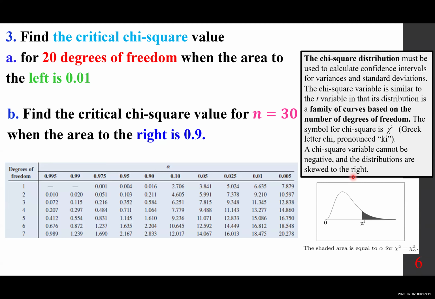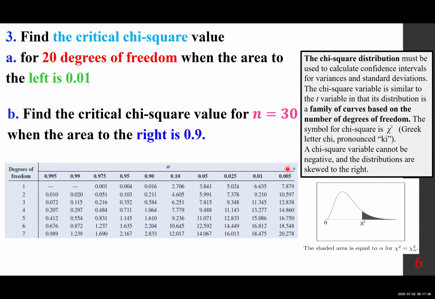So it looks like that. It is skewed to the right. It starts from 0 and goes to infinity. The total area under the curve, because it's a probability distribution, must be equal to 1, and it is. And when you look at the table, similar to the t, on the left side we have degrees of freedom, and on the top we have alpha.